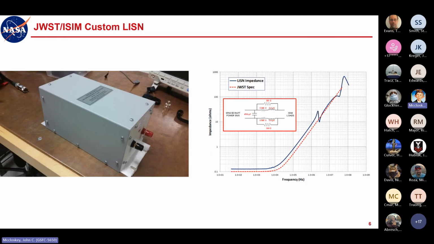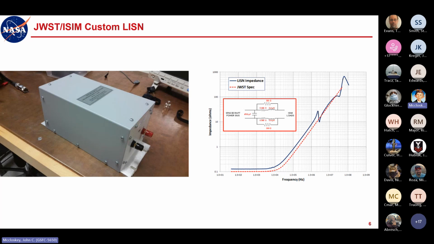But moving right along, we did specify and have a custom LISN built. You can actually kind of make out the Solar Electronics label here. So Solar made this LISN for us, and you can see the impedance specification from the spacecraft vendor is the red dashed line, and then the measured LISN impedance is the blue line. Once you get up above a couple megahertz, and I've mentioned this before, it's kind of non-trivial to get the impedance right.